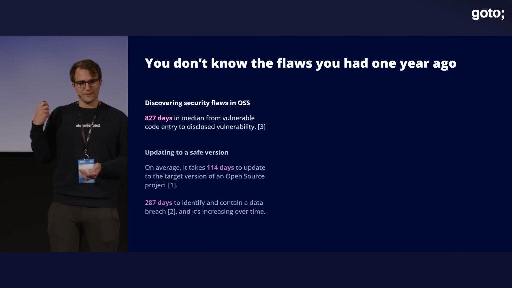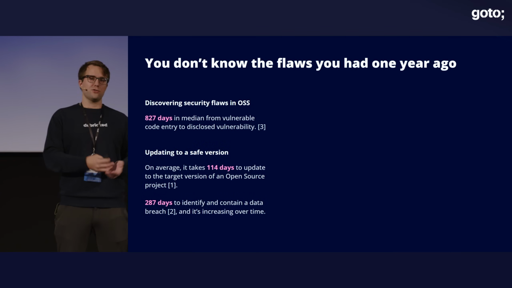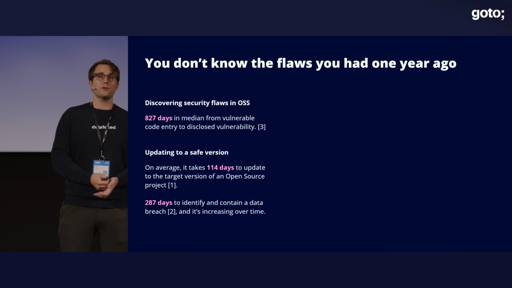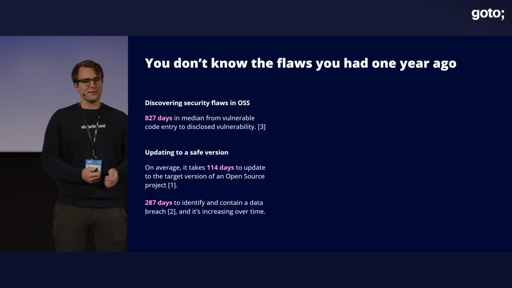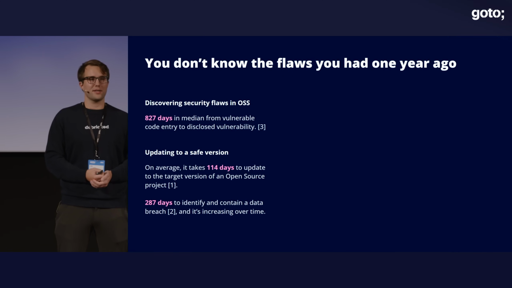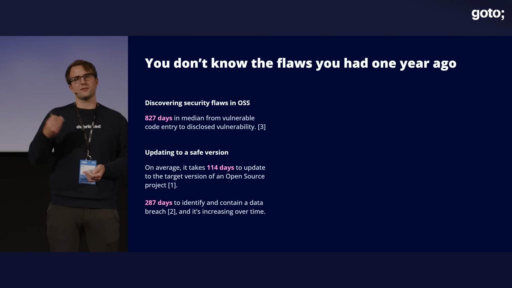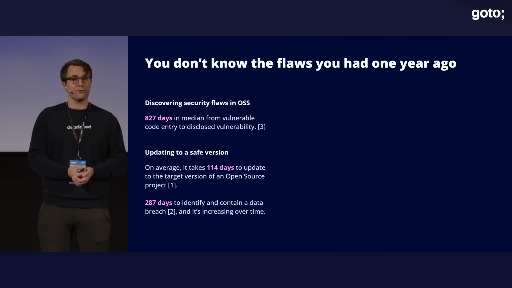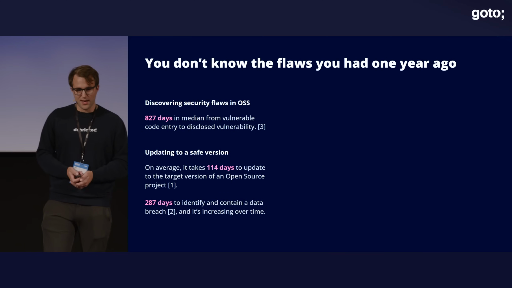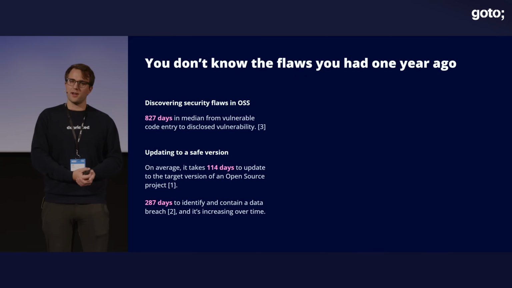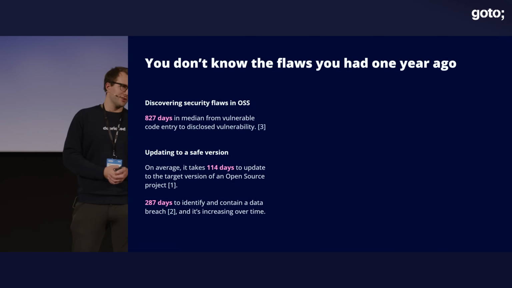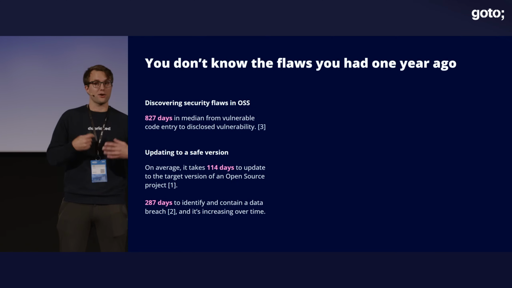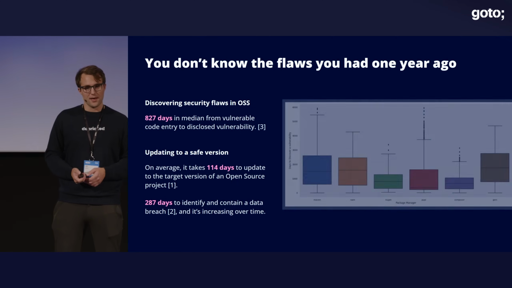And updating as an end user to the safe version of that project takes about 100 days, and you're constantly about 100 days behind on the latest versions on average for open source projects. And if there happens to be a data breach, there is an average of almost 300 days for it to actually contain that breach.